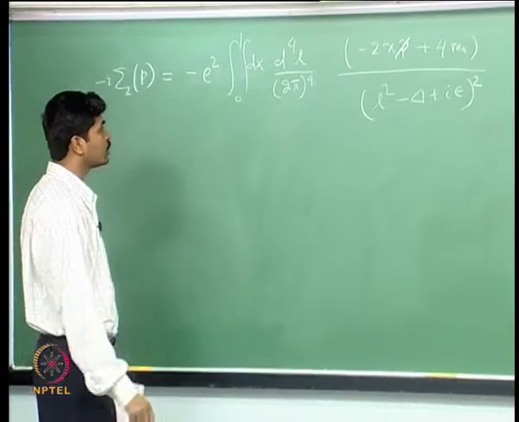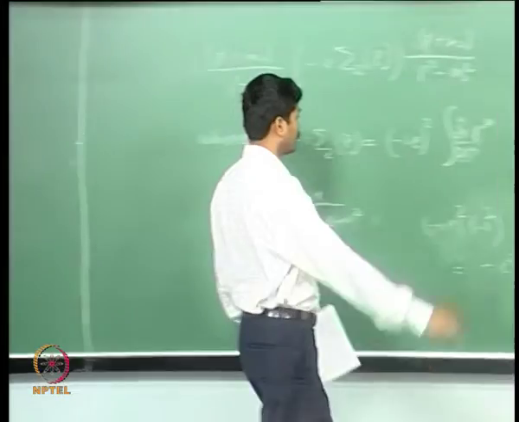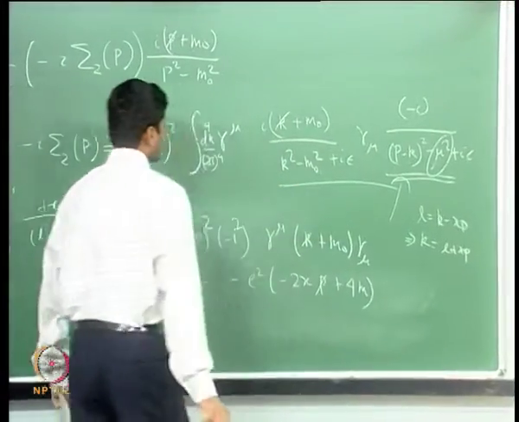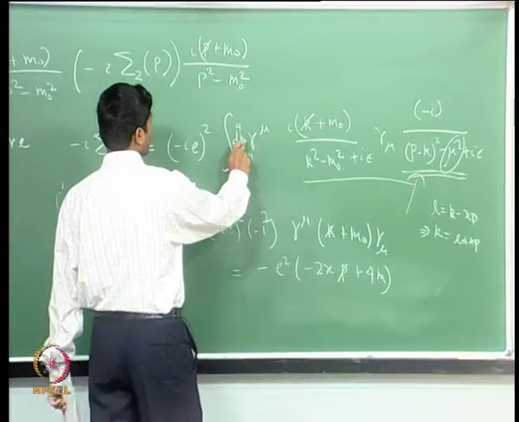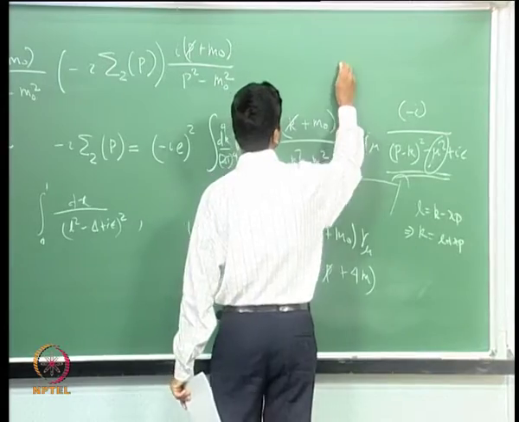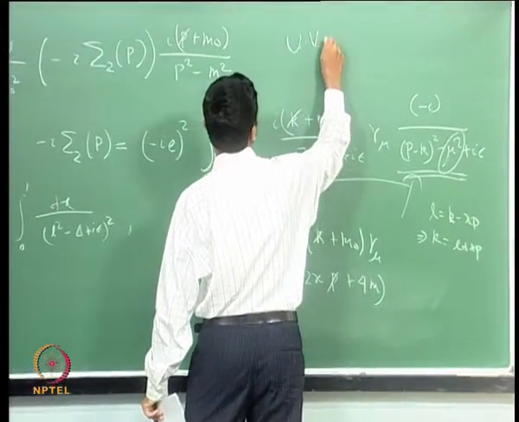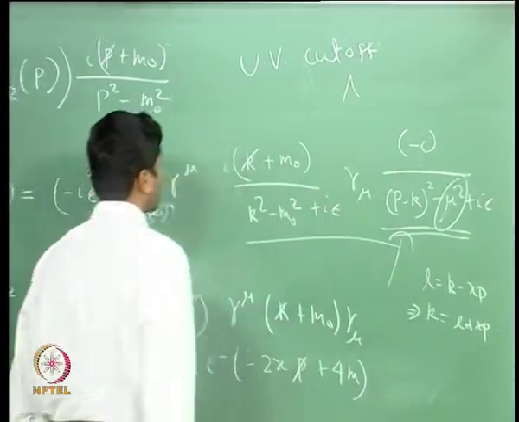So, here we will just use the Pauli-Villars regularization. We will put an upper cutoff to the momentum k. So, the ultraviolet UV cutoff is denoted by lambda.